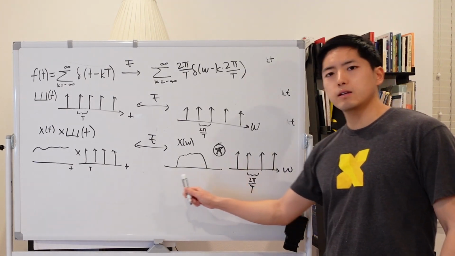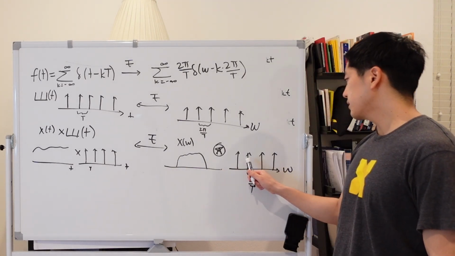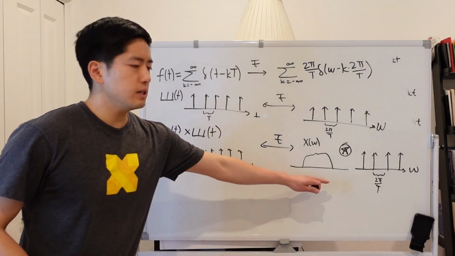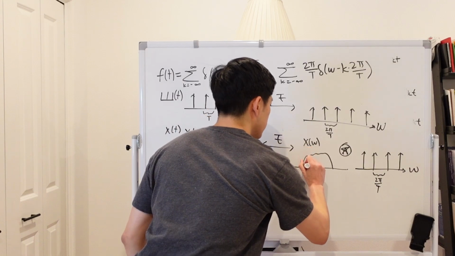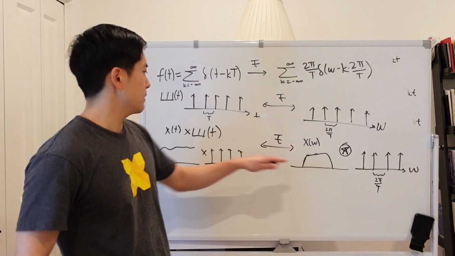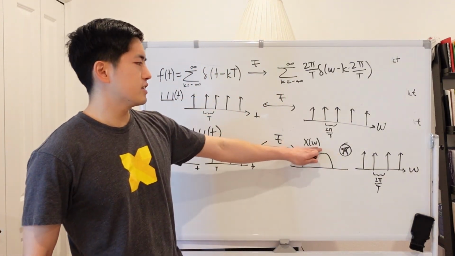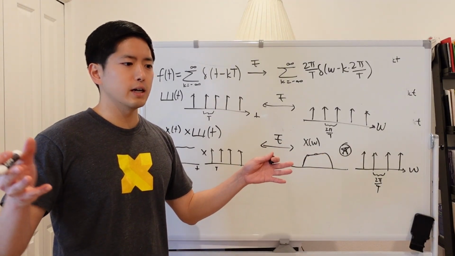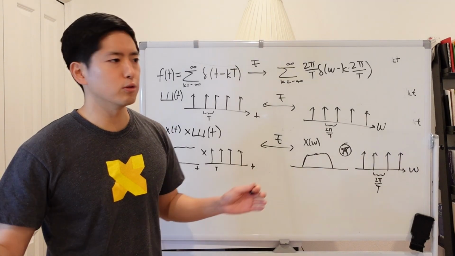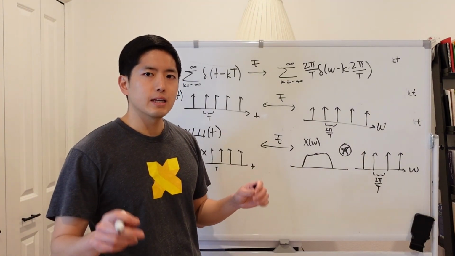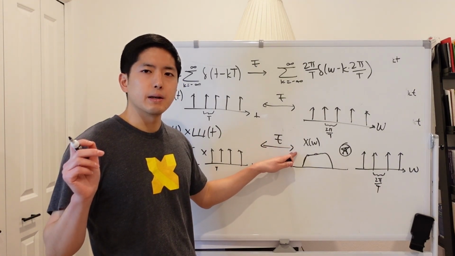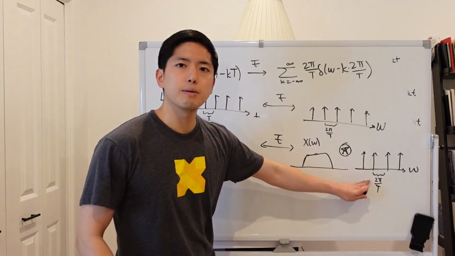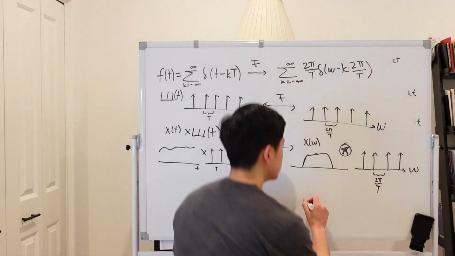Now, what does this mean when I'm taking this function and convolving it with an impulse train? Well, because x of t is a real function, this is actually Hermitian symmetric, but don't worry about that result for now. This is something you can prove later on. But the point here is that in the frequency domain, I have x of omega being convolved with an impulse train, which will look like this.